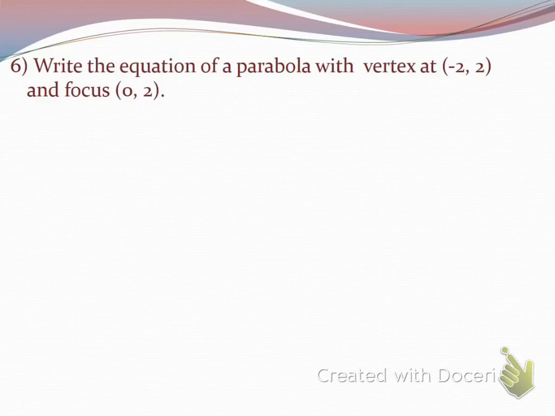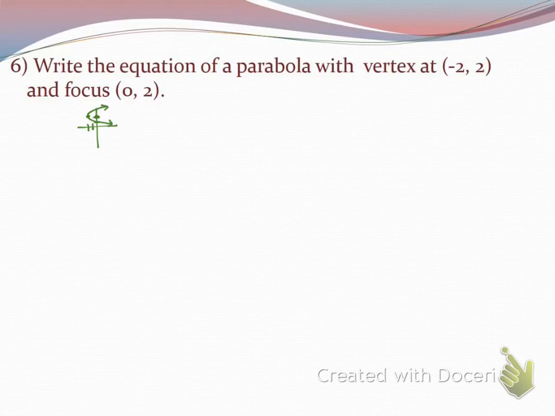Write the equation of a parabola with the vertex at -2, 2. Okay, let's draw that. -2, comma 2. Its focus is at 0, 2. So isn't that right there? Man, I drew a tiny graph, didn't I? Which way is it opening? To the right.